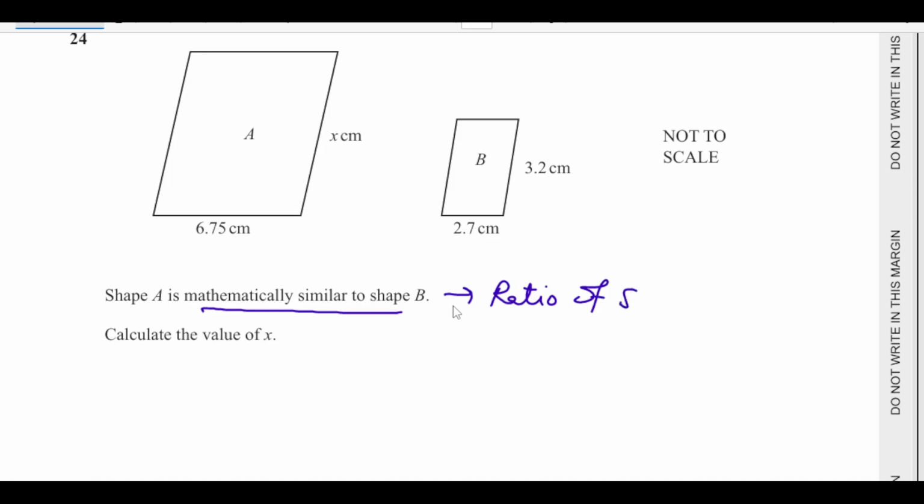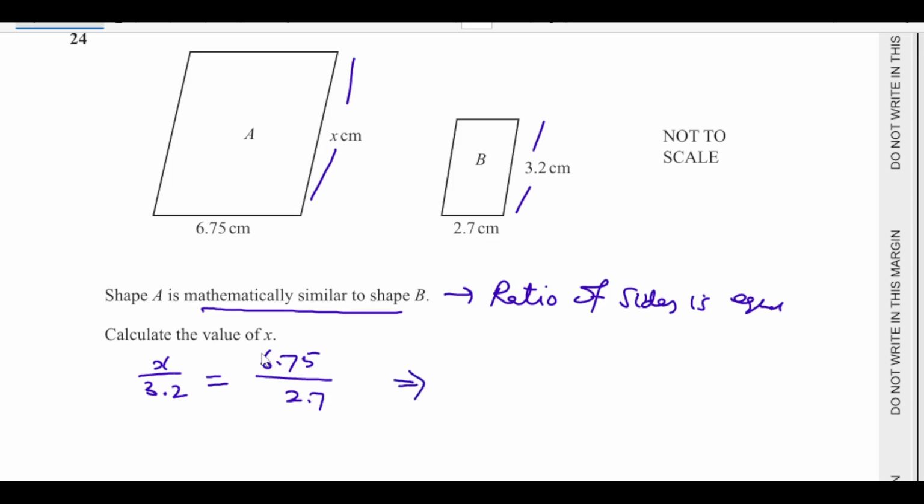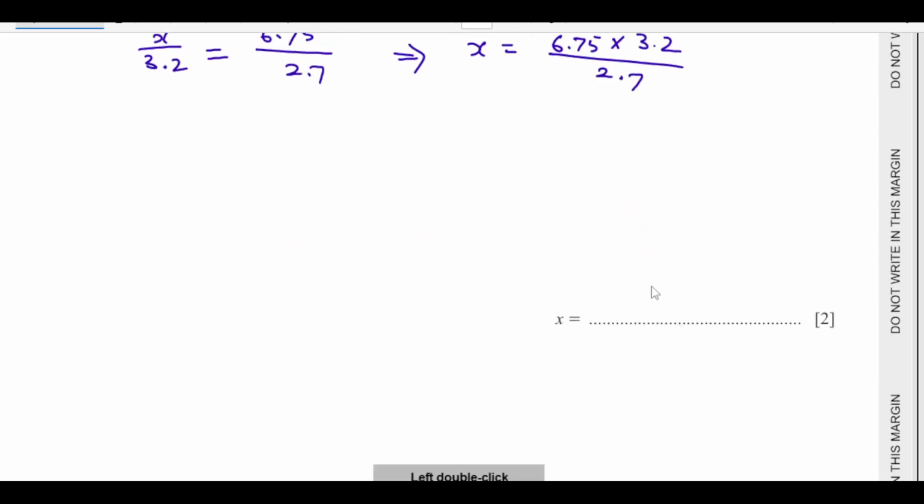So we have x over its corresponding side 3.2 equals the other pair, with x's shape on the numerator, 6.75 over 2.7. So x is 6.75 times 3.2 divided by 2.7. Just plug in all the values and I got 8. So the value of x is 8.